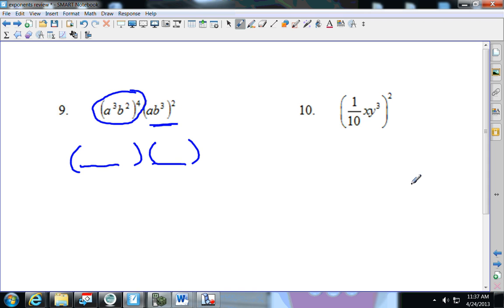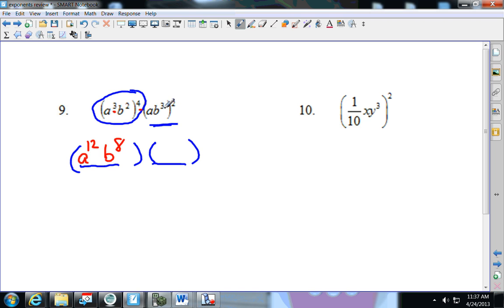All right, so on this first one in the parentheses, we have a to the 3rd to the 4th. So you'll multiply these numbers. 3 times 4 is 12. I get a to the 12th. B, 2 times 4 is 8. That's what I get in the first parentheses.